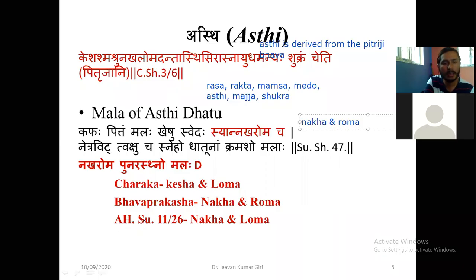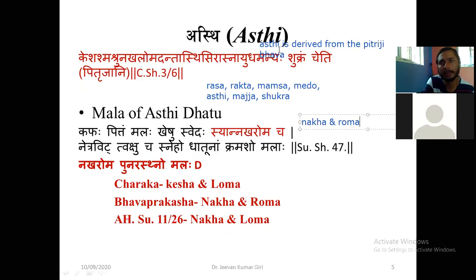Then Ashtanga Hridaya told nakha and loma. That loma again is the same, the hair follicle. They are the mala of asthi. Just remember Charaka, Bhavaprakasha and Ashtanga Hridaya, and this is by Susruta.